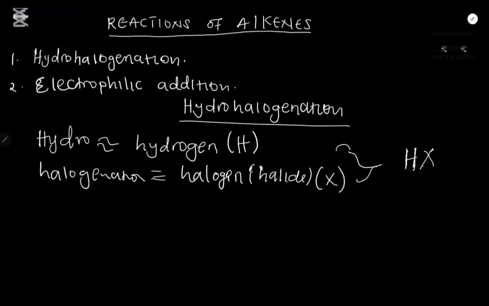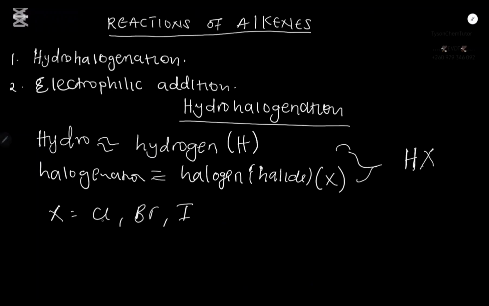So we are reacting alkenes with HX. What is HX? The X part here represents a halogen. So the X can be any halogen. We have chlorine, bromine, iodine, or fluorine, though fluorine is explosive and more reactive, so that's not added here.